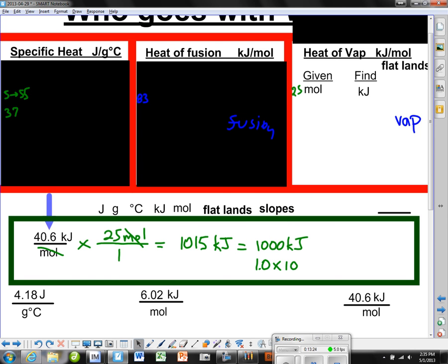So that's why it's a little more than you would think it would be, and that's going to be 10 to the 3rd, and that's kilojoules. And that is our answer with the correct number of sig figs. If we didn't care about the sig figs, that could be our answer, right? So there you go. You got 3 examples to help guide you through your homework tonight.